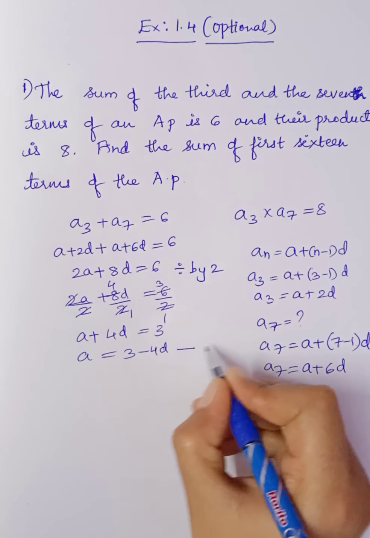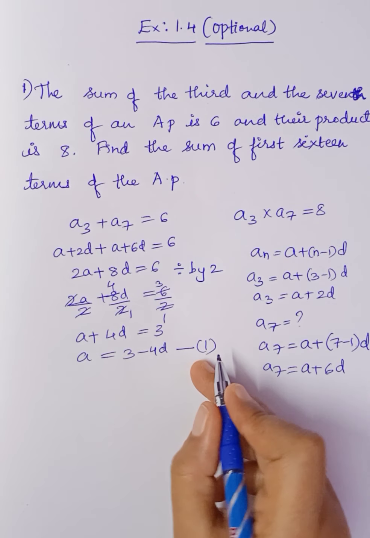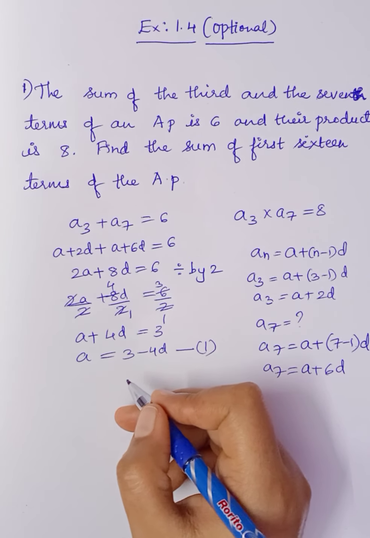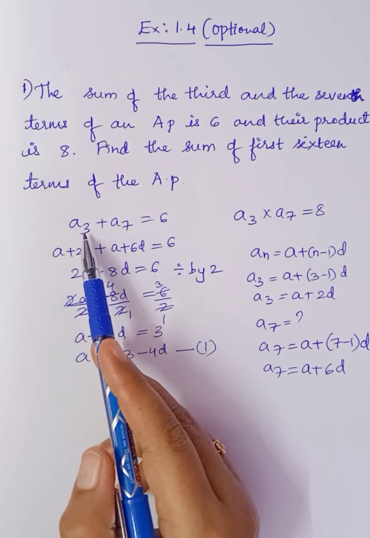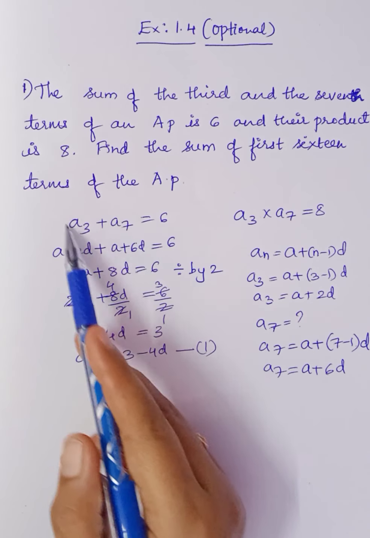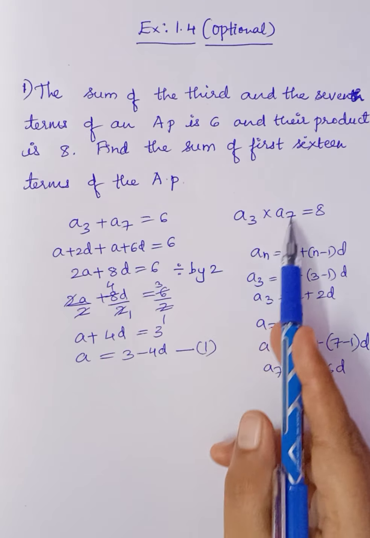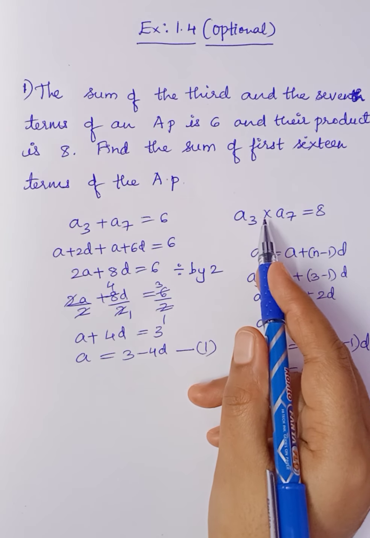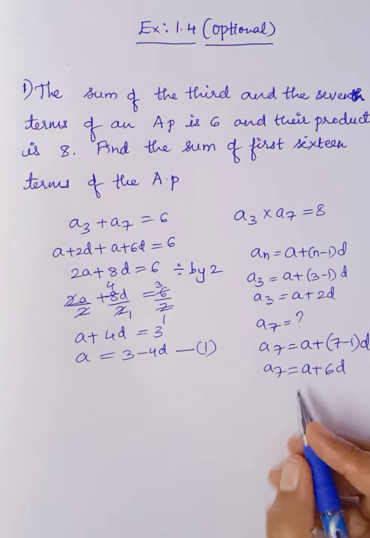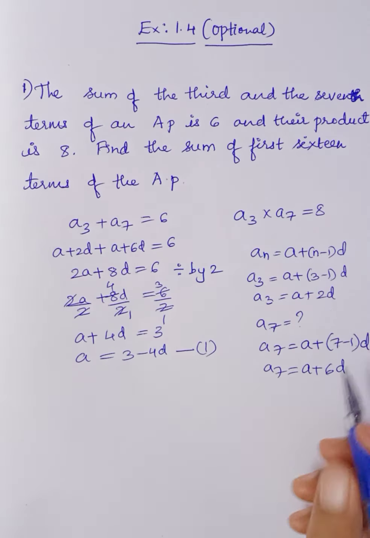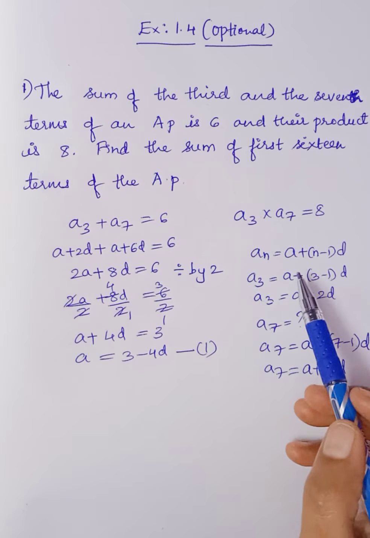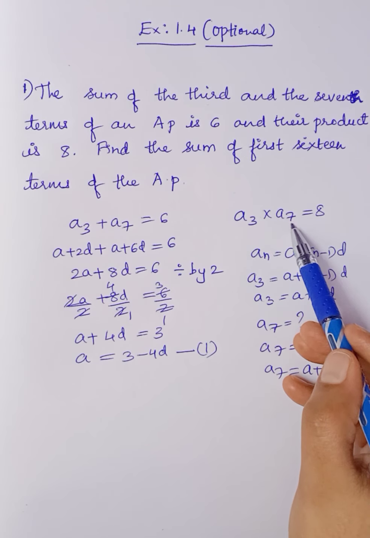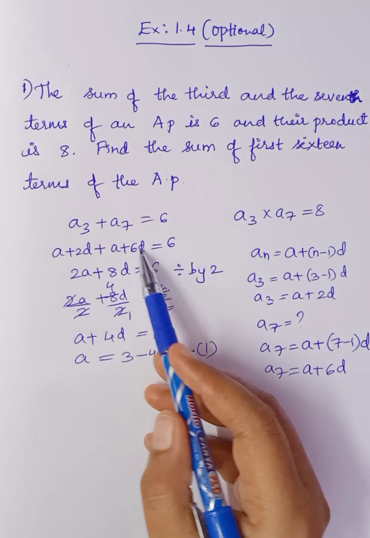I am going to denote this as equation 1 because I am going to use it for further calculation. Now this was regarding A3 plus A7, that was the sum. Now I am going to solve for the product. A3 value will remain a plus 2d and A7 value will remain a plus 6d.